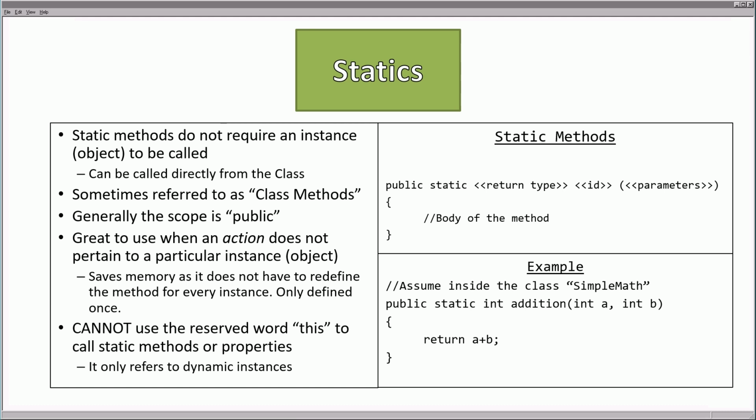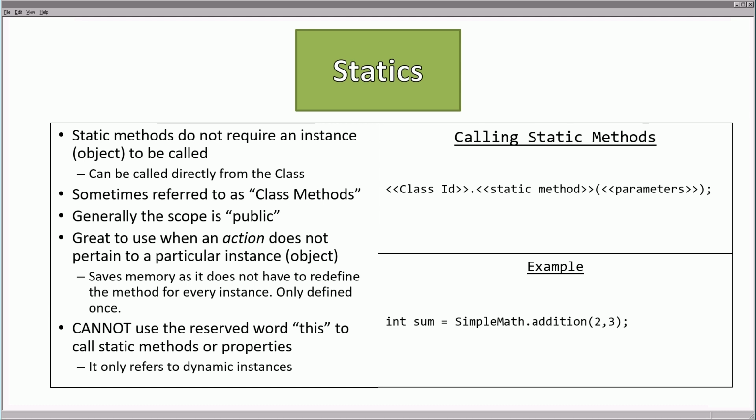And to reiterate, whenever we are talking about static methods, we cannot use the reserved word this to call static methods or any properties. Now, in order to call the static method, as mentioned before, you do not have to create an instance. You can use the class's identifier, followed by the dot, and then the static method itself.